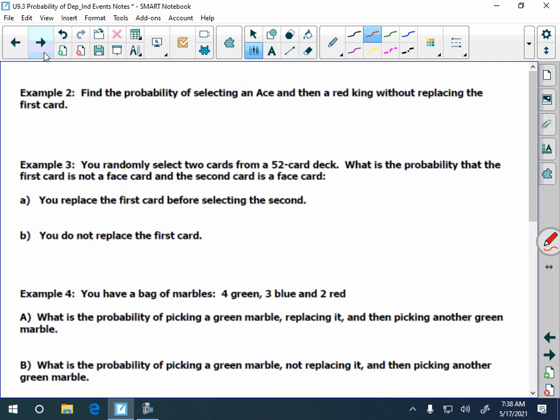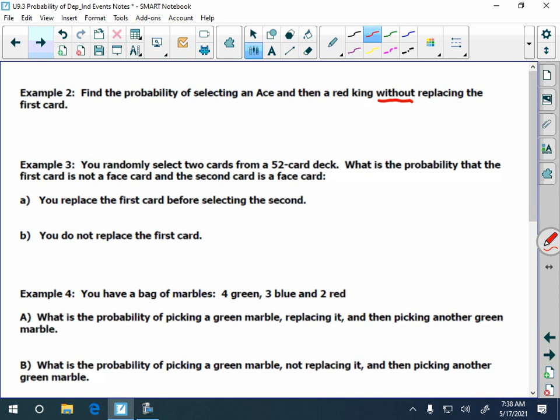All right, example 2. Find the probability of selecting an ace, then a red king without replacing the first card. Now, because we're not replacing that first card, the second probability is going to be affected by what happened on the first probability. So these are going to be dependent on each other.